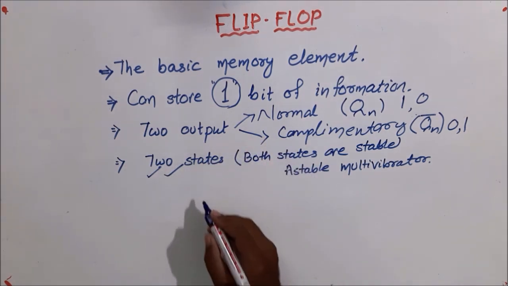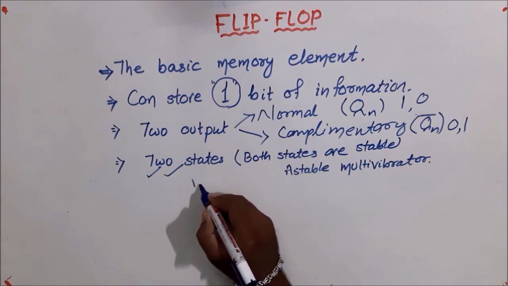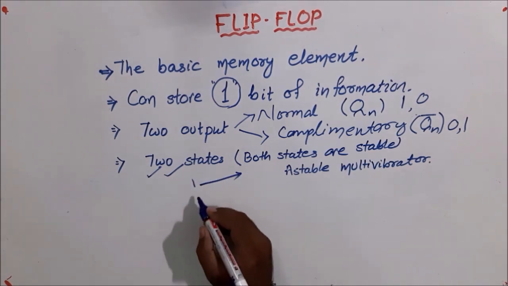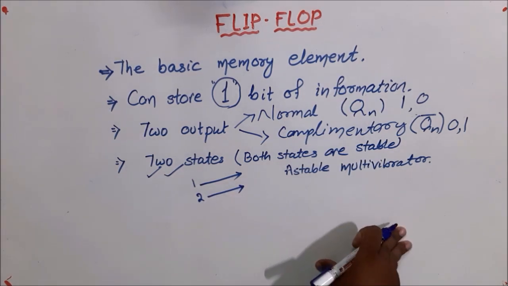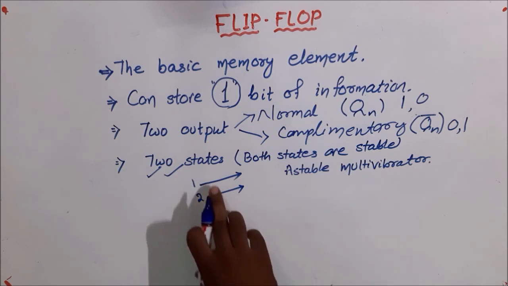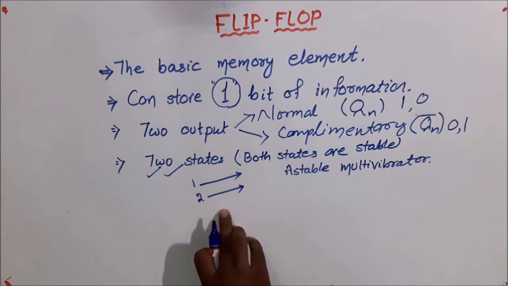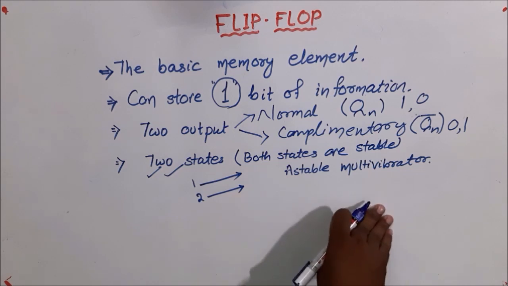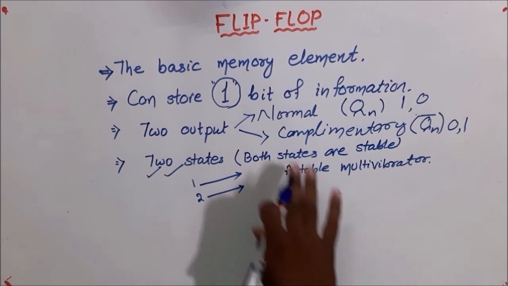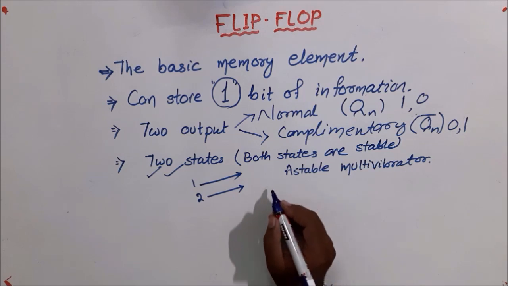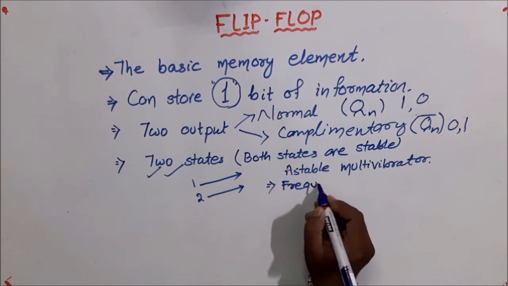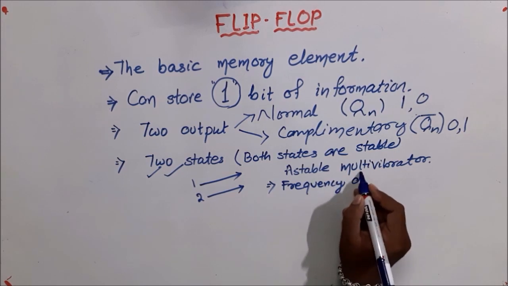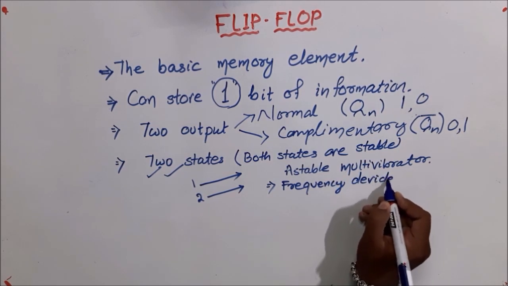If it goes to the first state it remains in the first state, and if it goes to the second state it remains in the second state, unless you change the input. That is why, as both the states are stable, it's called a bistable multivibrator. The flip-flop can also be used as a frequency divider.